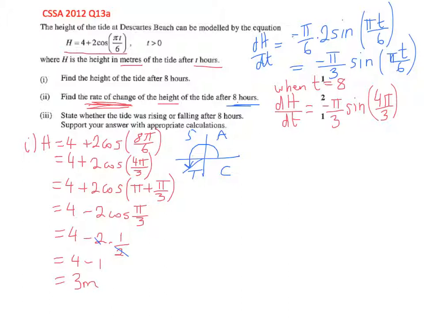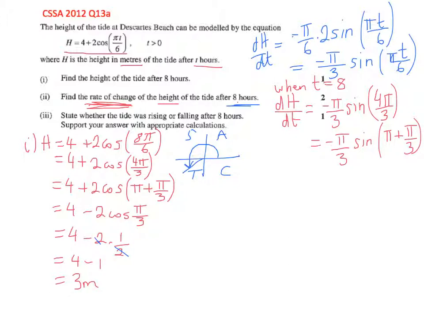Okay, so let's find what that is. So just like we did before as well, we can say that 4 pi on 3 is pi plus pi on 3. It is in our third quadrant over here where tan is positive but sine is negative. And the related angle is pi on 3.